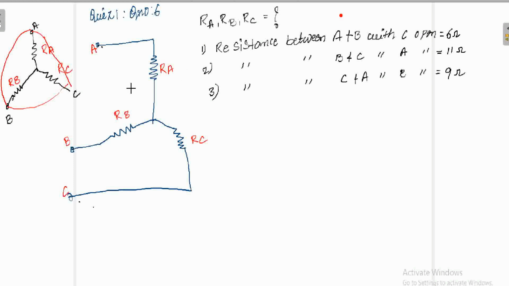Just write these statements in terms of equations. Resistance between A and B with C open. What do you mean by that? That is RA plus RB is equal to 6 ohms. With C open, C is eliminated.